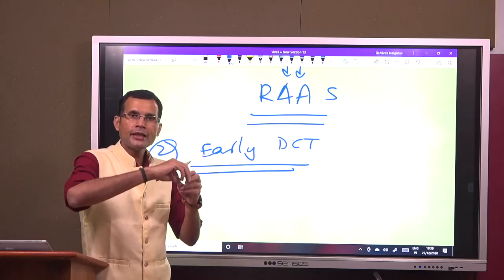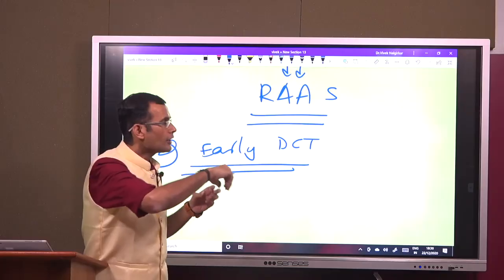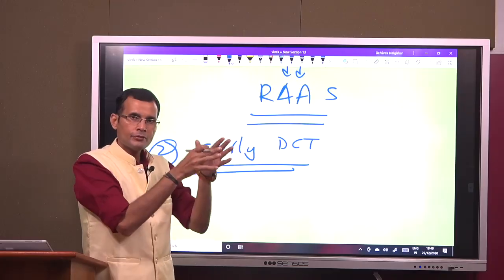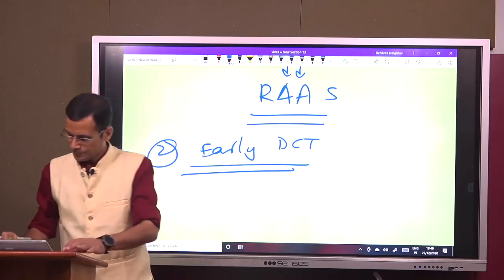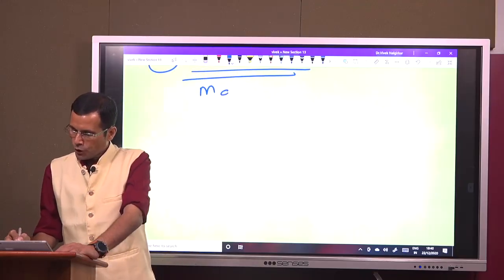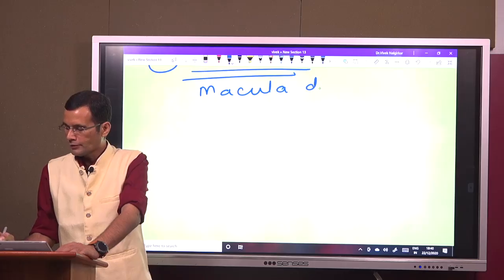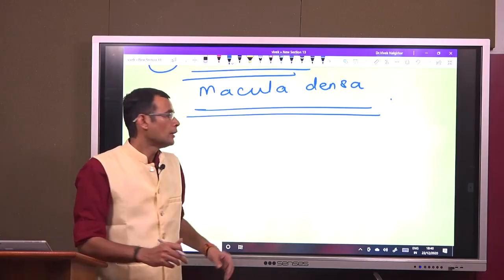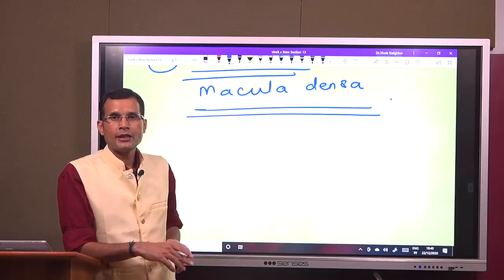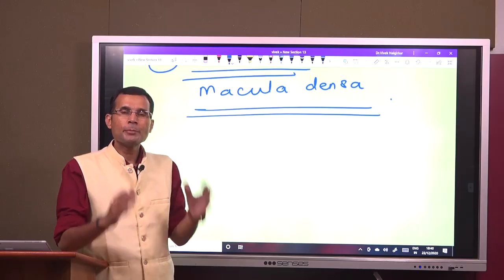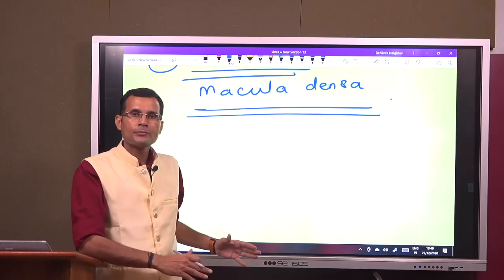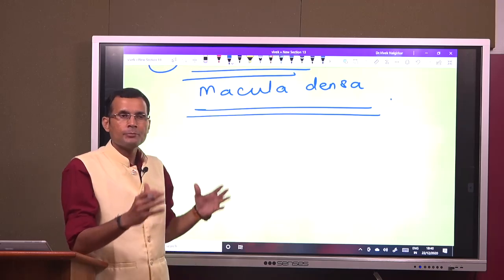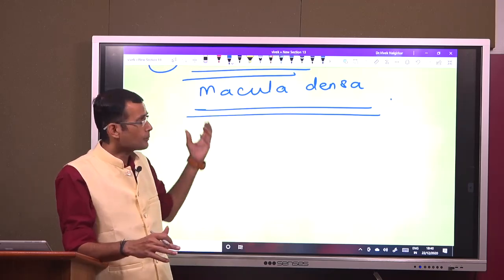So, thick ascending limb is ending and the early part of DCT is starting. The cell is located there. And it is called as the macula densa. Now, what is the function of this cell? This is the major component, and the main function of the JG apparatus is performed by this cell.